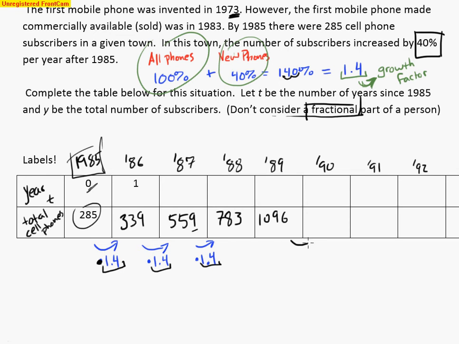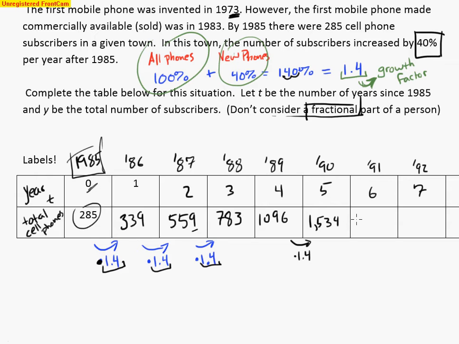So if I take this times 1.4, I'm going to get 1,534. Again, I can just fill in my years here. These just grow by 1. I'm jumping 1 year at a time.